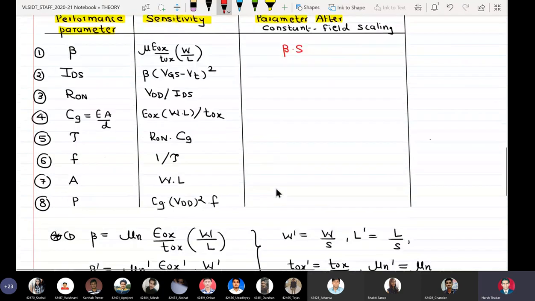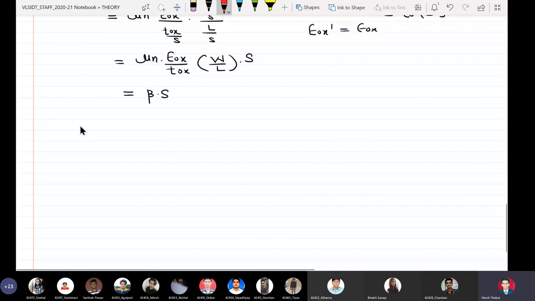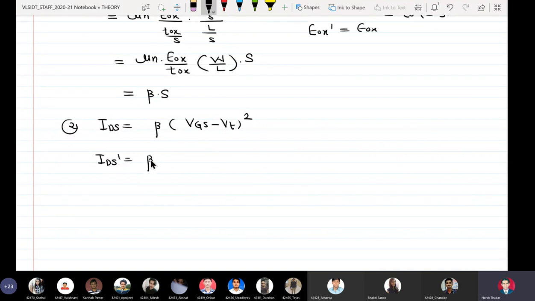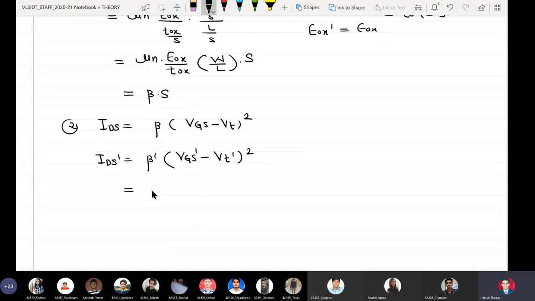Now we go to IDS, the second parameter. IDS is equal to beta into (VGS minus VT) whole square. So IDS dash is equal to beta dash into (VGS dash minus VT dash) whole square. We know that beta dash is actually beta into S, and this is multiplied by 1 over S square.